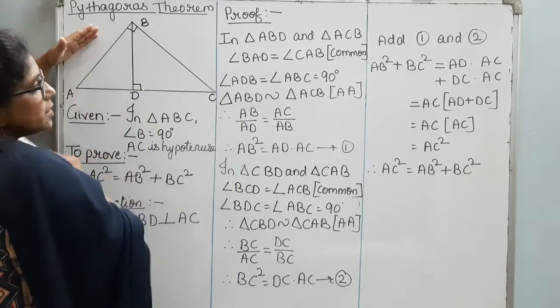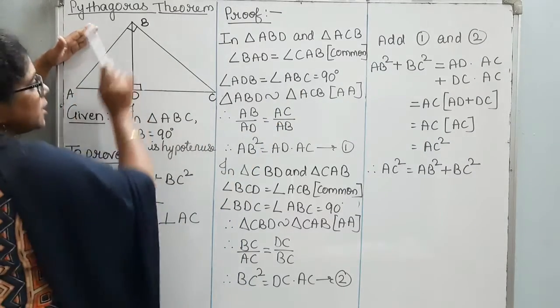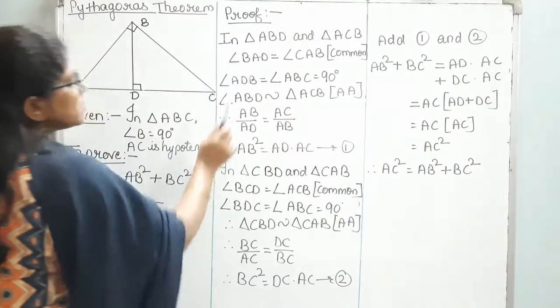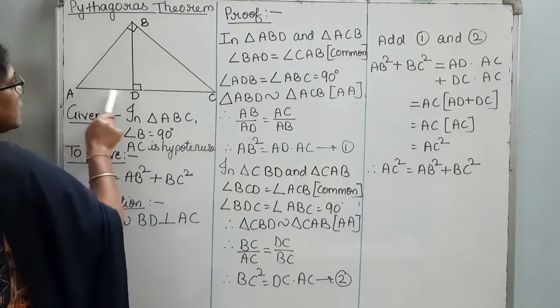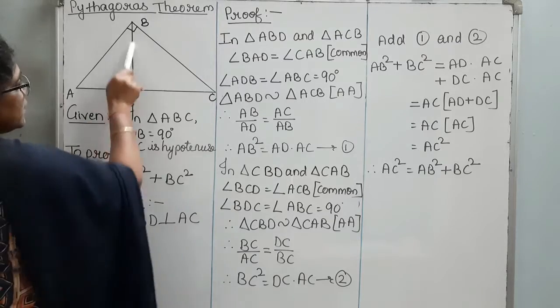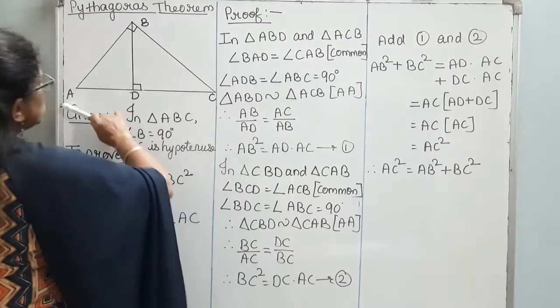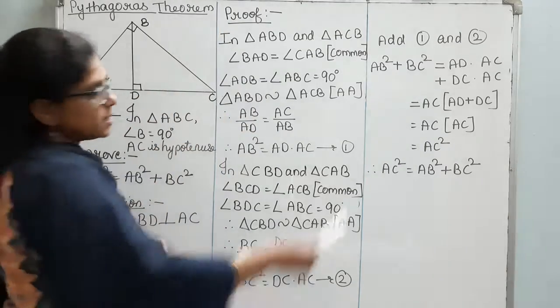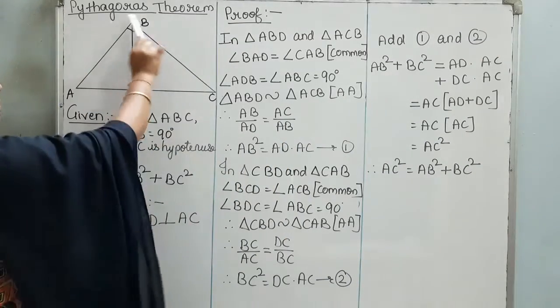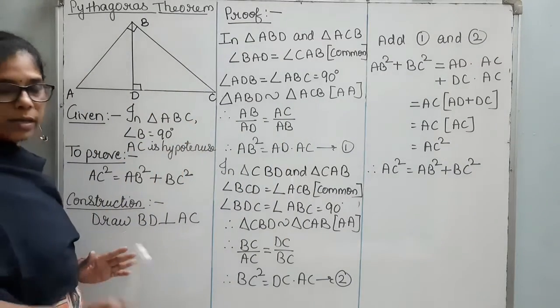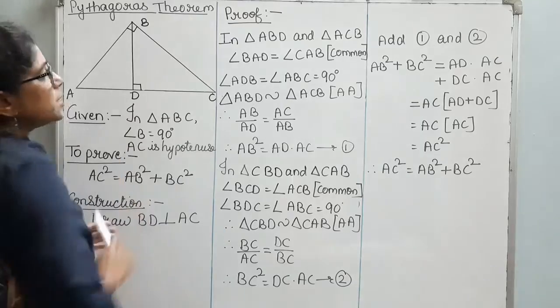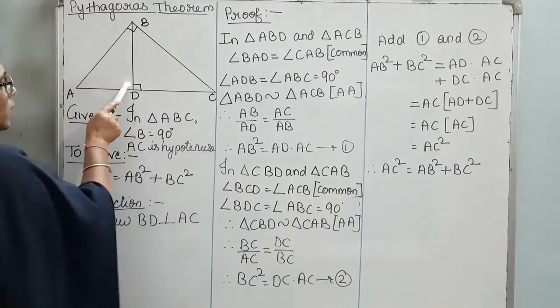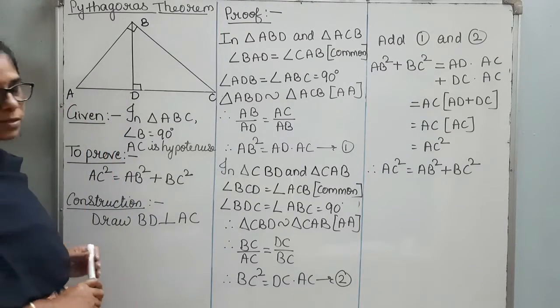It is a common angle. Angle ADB is equal to angle ABC. It is 90 degrees, because ABC is 90 degrees, it is already given, and BD is perpendicular, and that is the reason why angle ADB is 90 degrees.